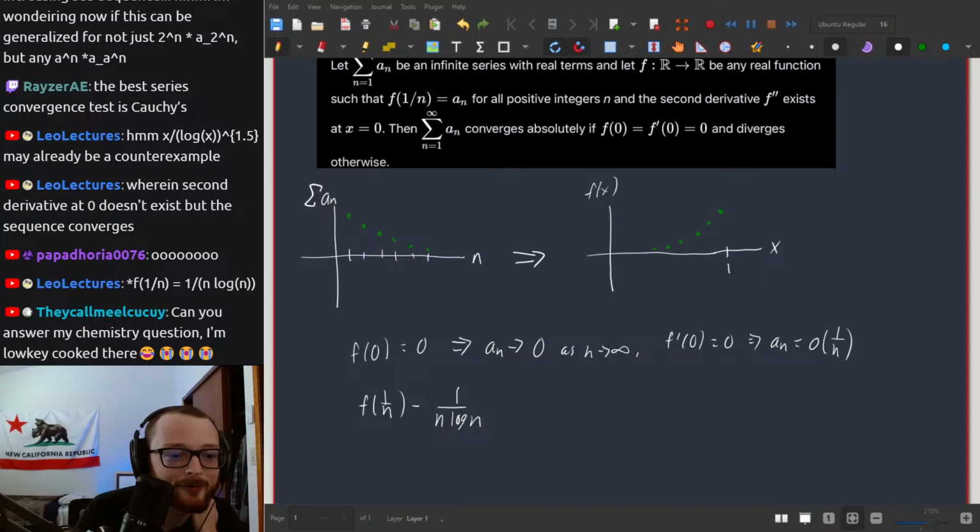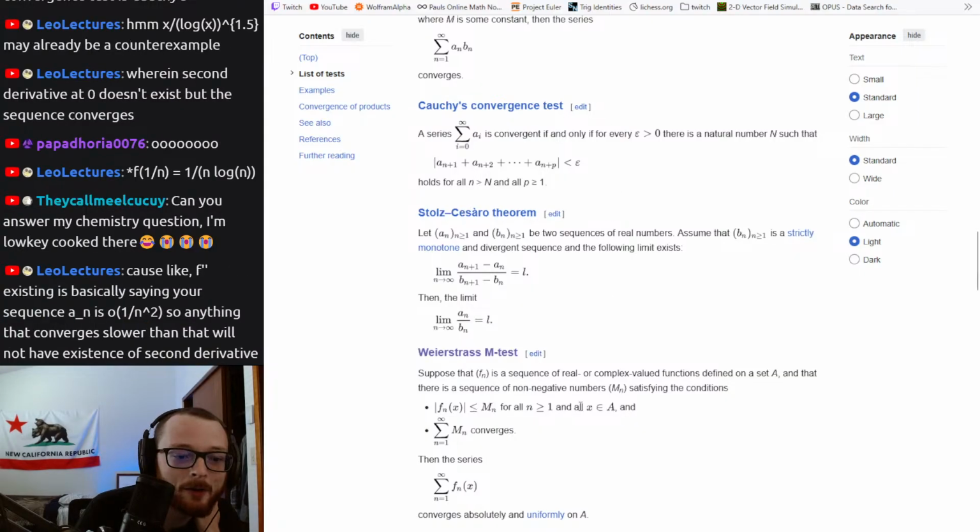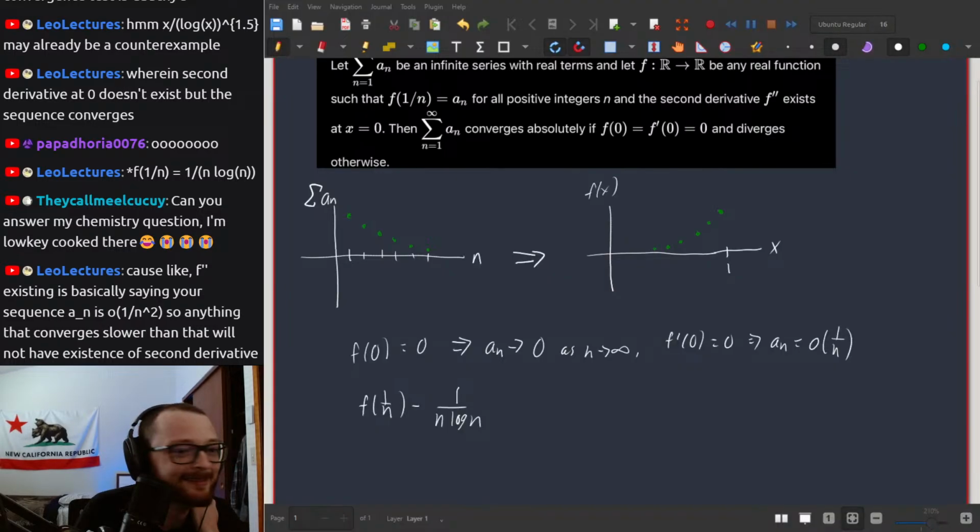I scrolled past it. Cauchy's convergence. Oh yeah, okay, that makes sense. Would be something like that. I don't know how you would use that, but I can go with that, Razor.